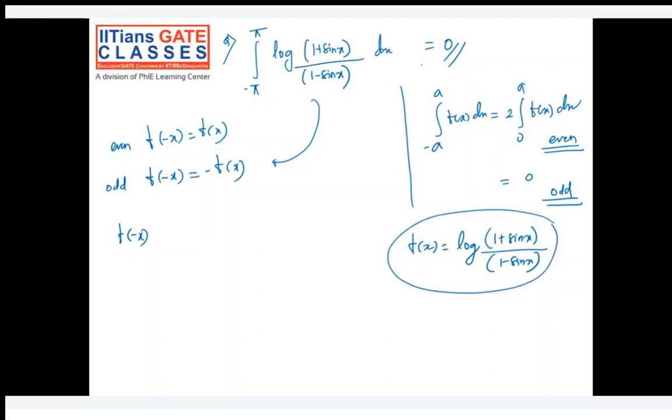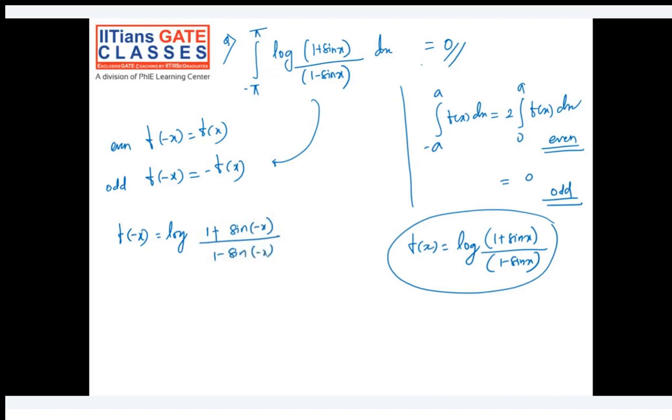Or I should write here, let's say, raised to the power minus 1 to make this thing equal, right? And you know that this minus 1 should come to this side.